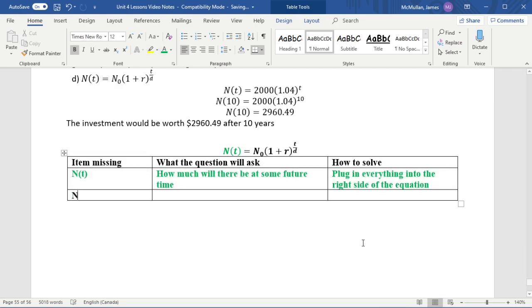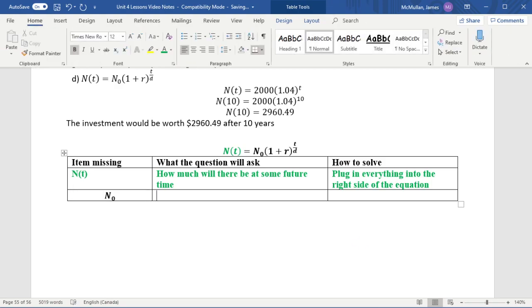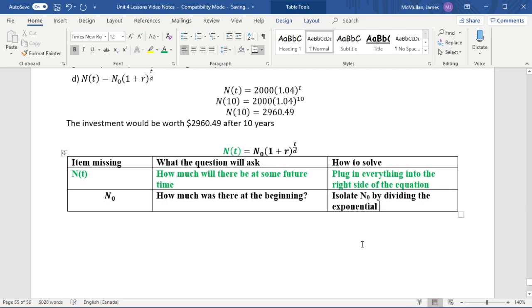Okay? What if N0 is missing? If N0 is missing, the question will be something like, how much was there at the beginning? What you would do there is isolate N0 by dividing N of T by the exponential part.